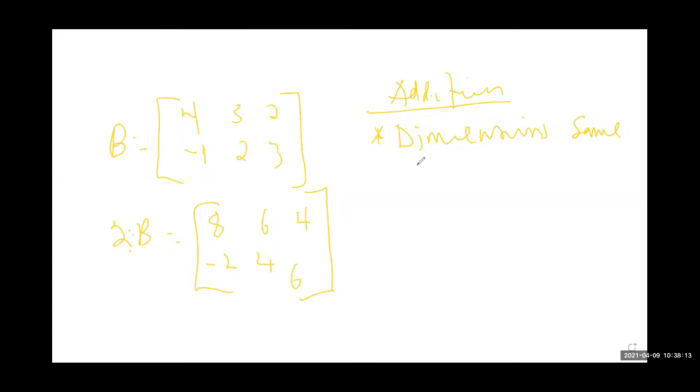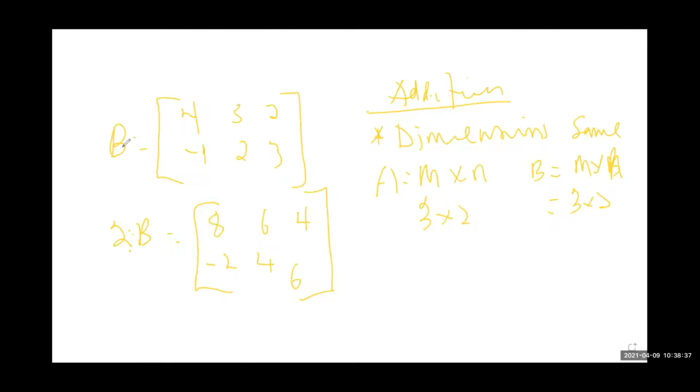That means M by N for matrix A should be the same as M by N for matrix what? B. The dimension should be the same. If this is 3 by 2, this should also be 3 by 2 before you can add them. That is a condition you need to pay attention to.